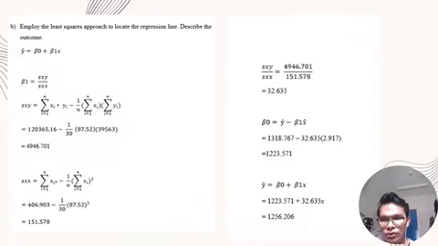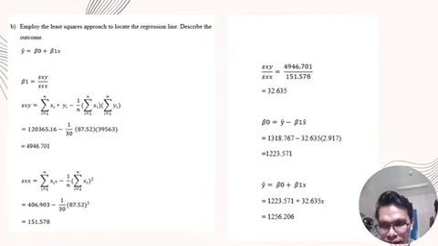So the value of total xy is 120,365.16 minus 1 divided by our total n, which is 30, multiplied by 87.52, then multiplied by 39,563, then you will get the SSY value, which is 4946.701.